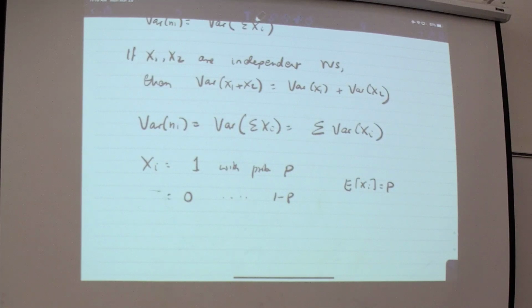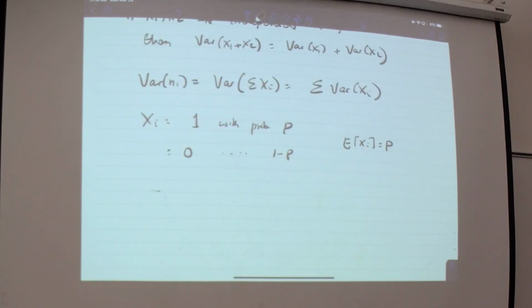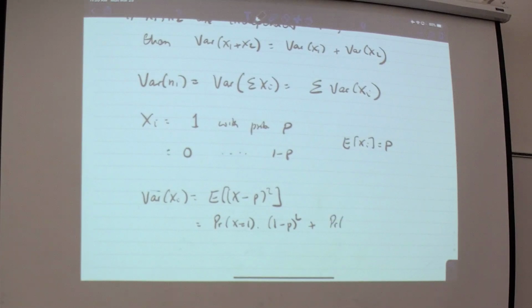So its variance, by definition, is the expected value of (x minus p) squared, right? Which is equal to the probability that x equals 1 times (1 minus p) squared, plus the probability that x equals 0 times (0 minus p) squared.